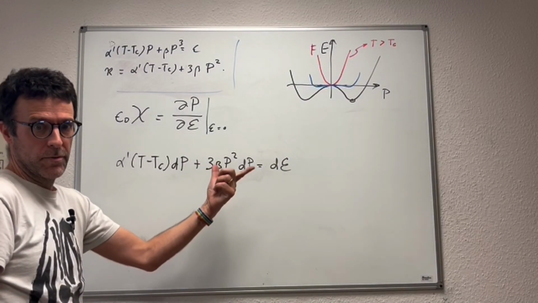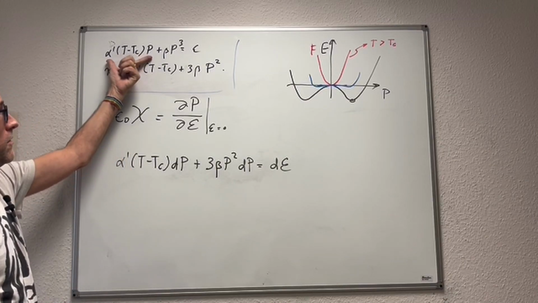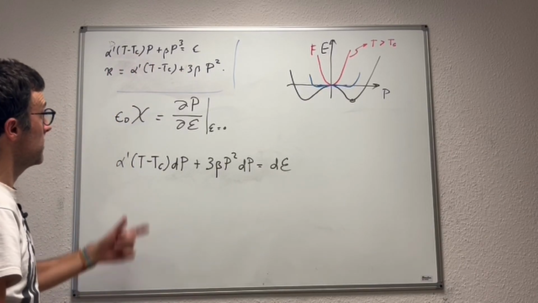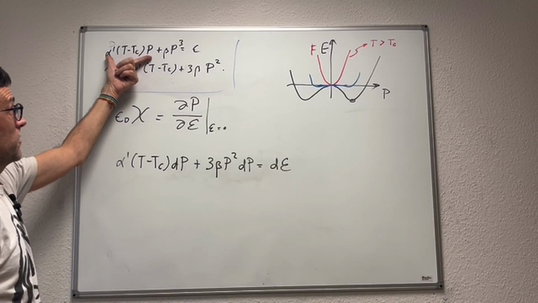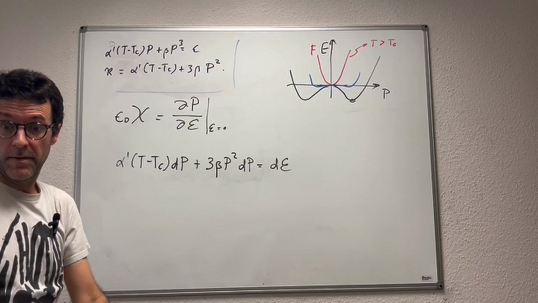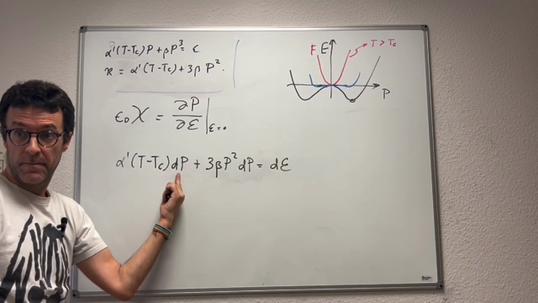So all you do when you take a differential form like that, as you can see, is to take the derivatives of the terms with respect to the variables that can change. In this case, this term with respect to the polarization, this term with respect to the polarization, and this term with respect to the electric field itself. So you take the derivatives and you multiply by the amount of change.